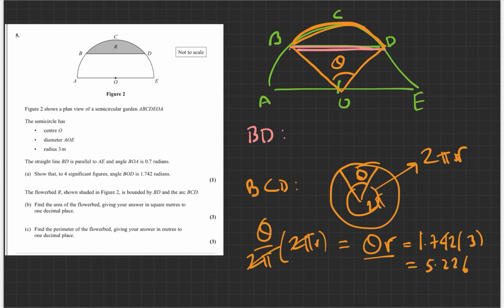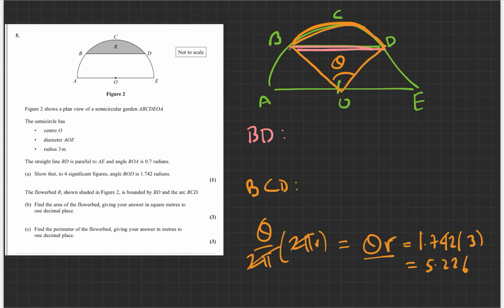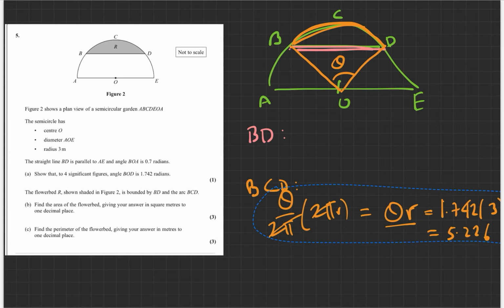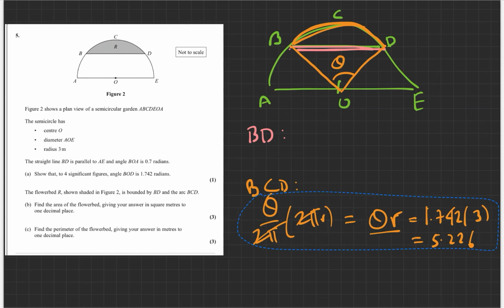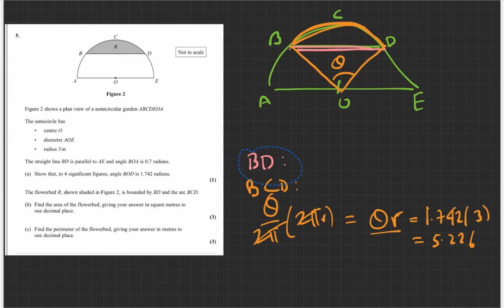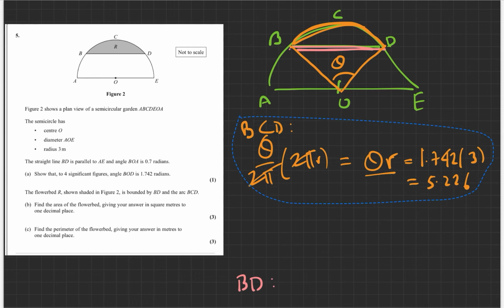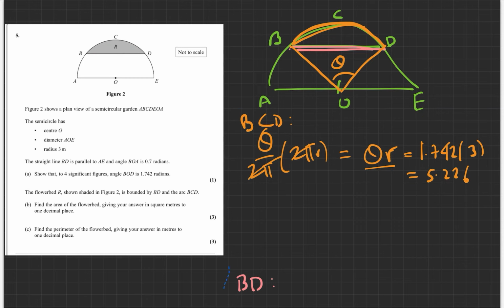Okay, I'm going to erase this circle here, and I'm going to take this working a little bit up so that we have some space for other things. Okay, so now we know that we're going to do BD later, right? So let's get the BCD up here. Perfect. This looks good. Now let's look at the BD, right?